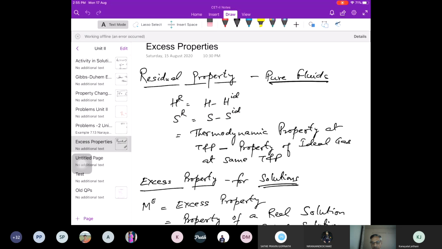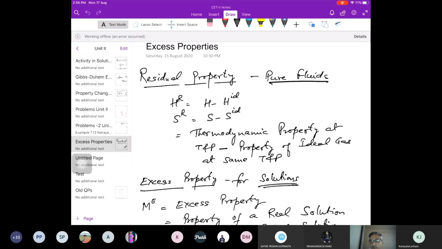We have introduced a term for activity coefficient, and what does activity coefficient represent? Why did we introduce activity coefficient? Can someone tell me activity coefficient क्या represent करता है? How was it introduced?